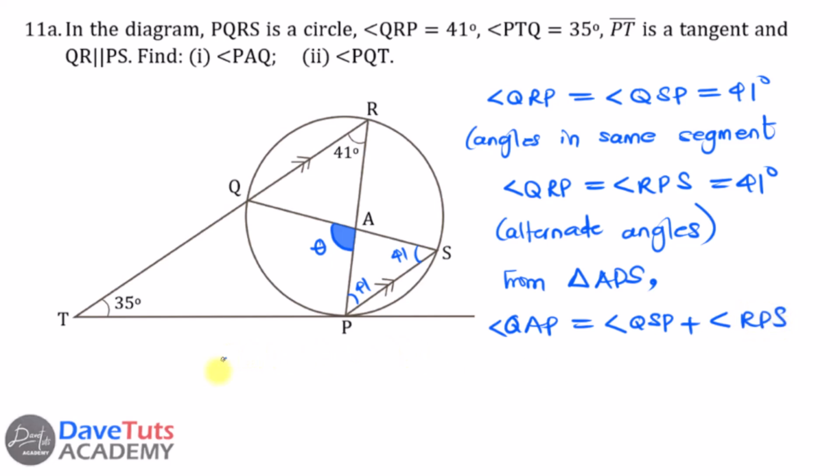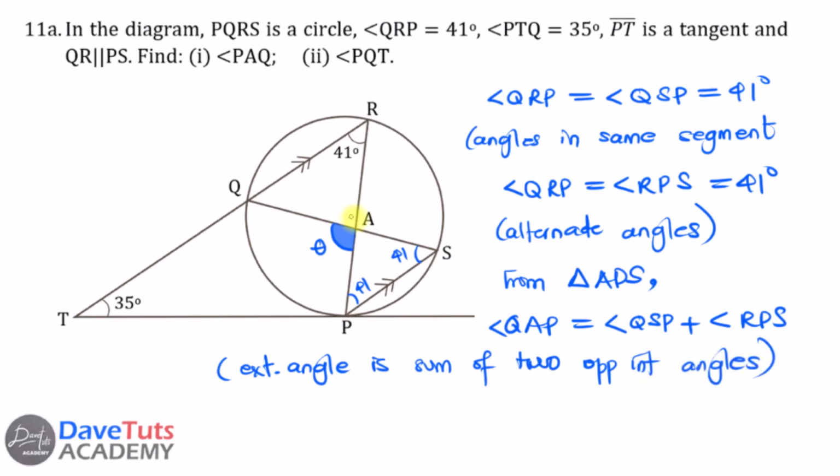Why? Because the exterior angle of a triangle is the sum of the two opposite interior angles. Okay, in short, even for that, you can say first we want to look at this, that the addition of the three, theta plus that angle, is 180 because of the angle on a straight line.